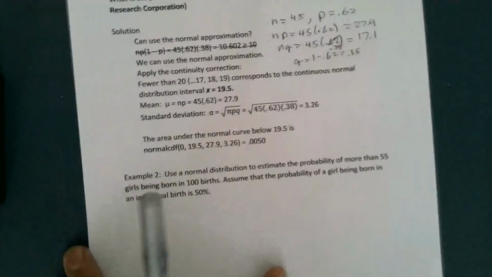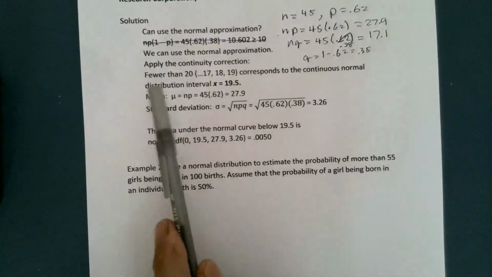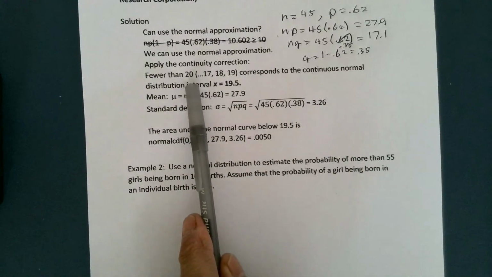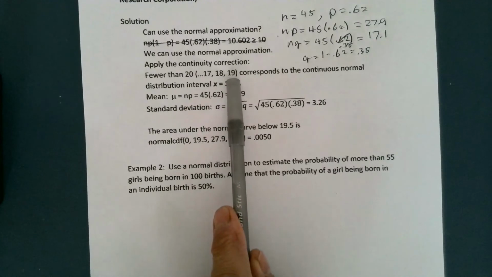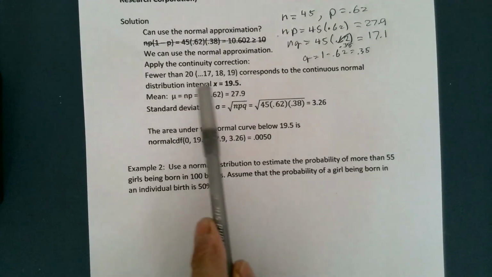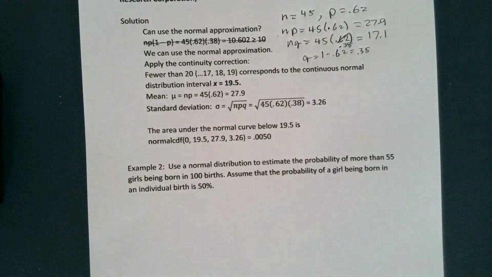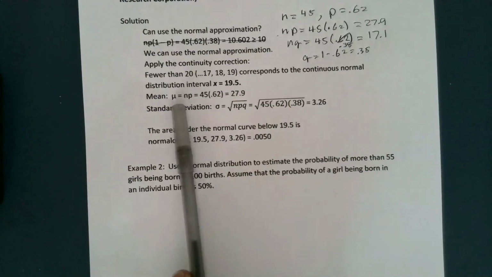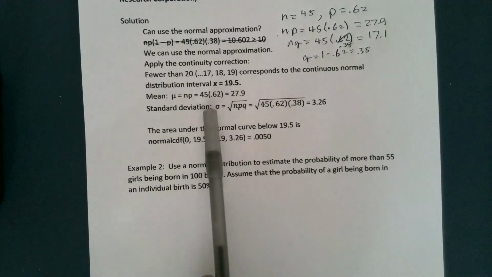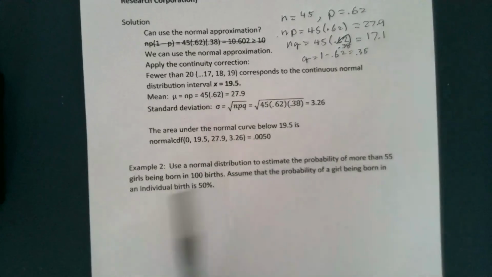Okay, and then we need to apply the continuity correction factor. So fewer than 20 would be 0 through 19. So we don't want bar 20 to be included. So we would find the area to the left of 19.5. For this distribution, the mean would be 27.9 and the standard deviation would be 3.26.